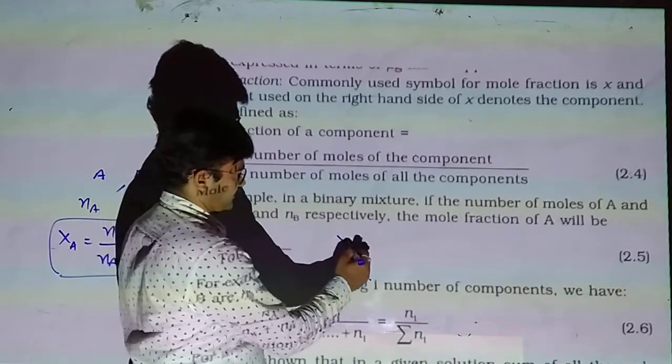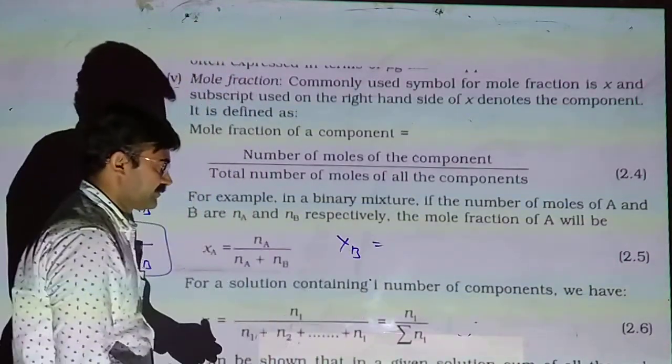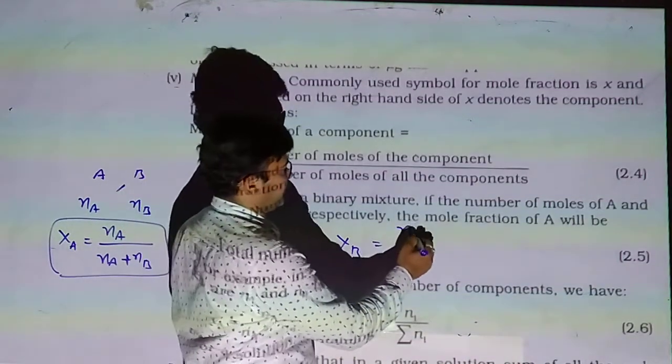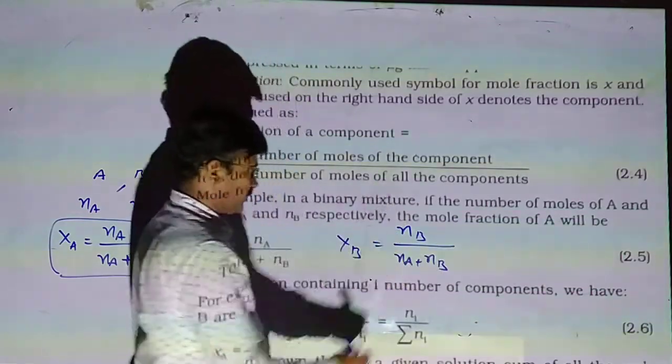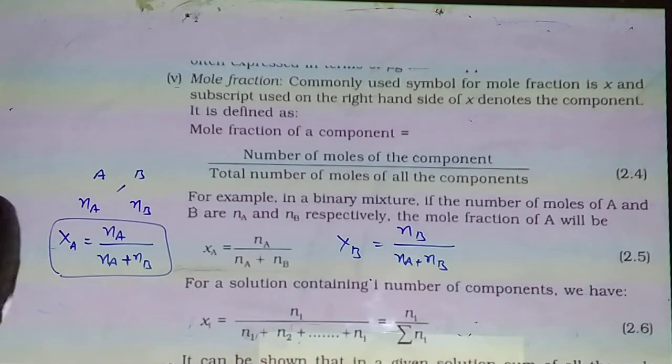Like this, for another component B, the formula is number of moles of B upon total number of moles, number of moles of A plus number of moles of B.